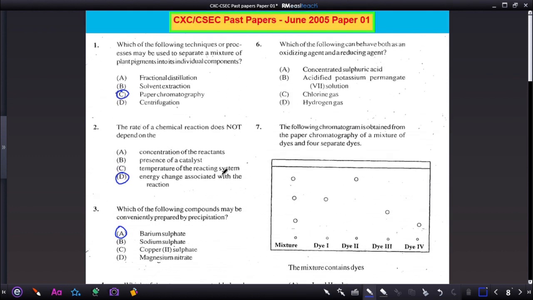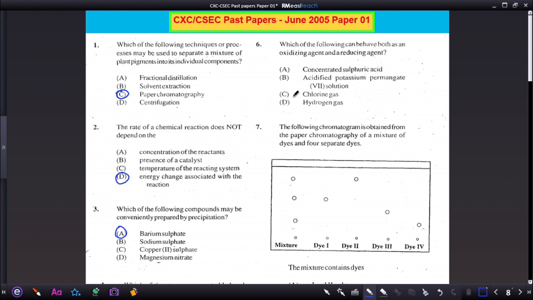Question 6. Which of the following can behave both as an oxidizing agent and a reducing agent? Concentrated sulfuric acid, acidified potassium permanganate, chlorine gas, or hydrogen gas? Now, the thing with this question in particular is that there are no reducing agents right here.